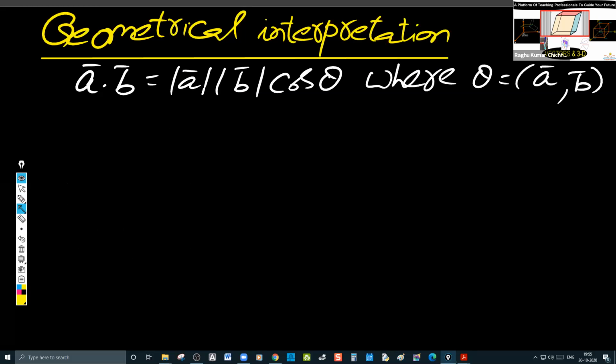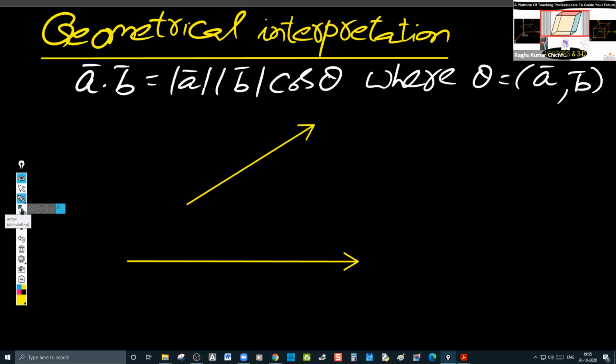So let me take two vectors here. One vector I have taken to be A bar, and another vector I have taken to be B bar. Now we need the geometrical meaning of the dot product. Now if I extend this backwards, let me name these first.